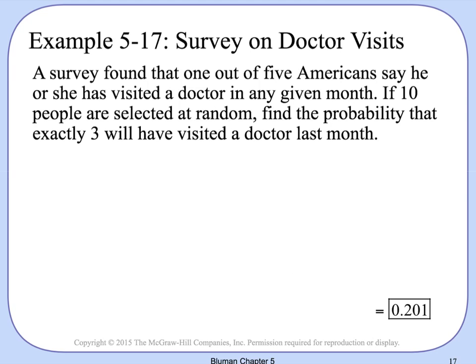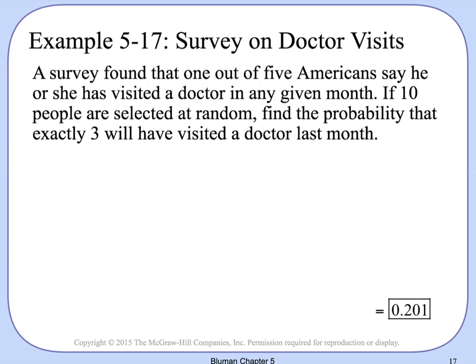Okay, so we can jump right into the examples. This says, a survey found that 1 out of every 5 Americans says he or she has visited a doctor in any given month. If 10 people are selected at random, find the probability that exactly 3 will have visited a doctor last month. So right now, let's figure out what the probability of a success is. A success means you visited the doctor.